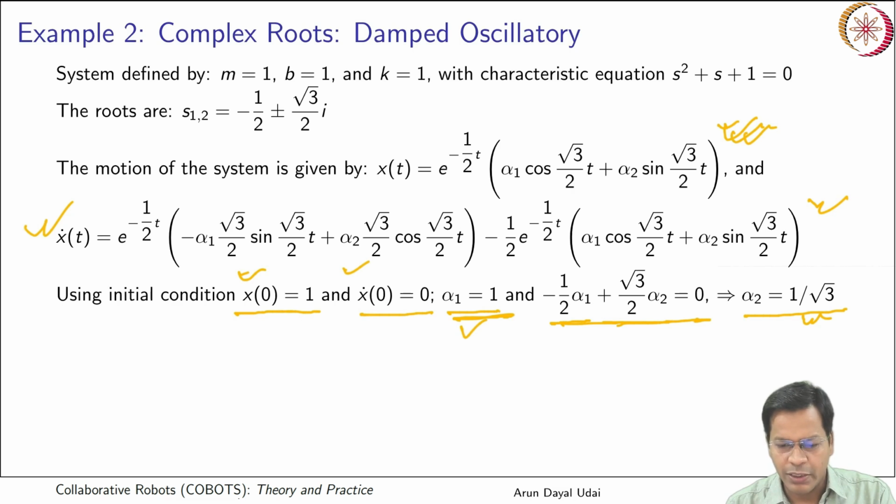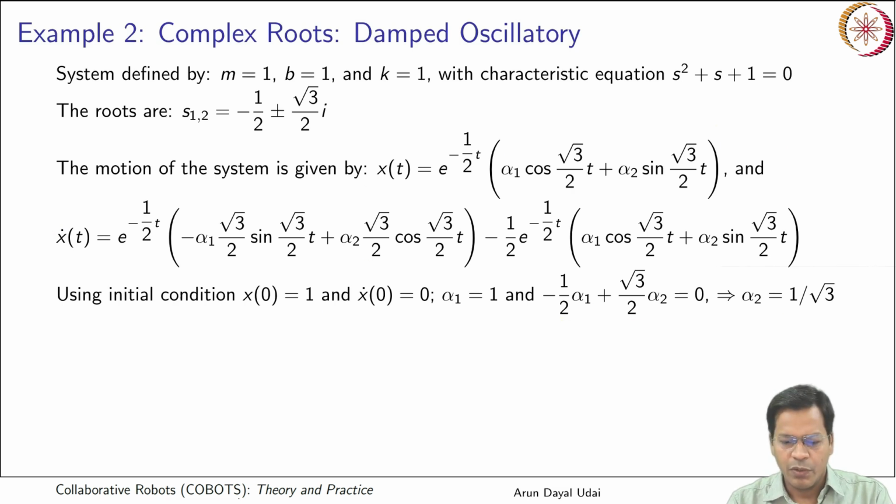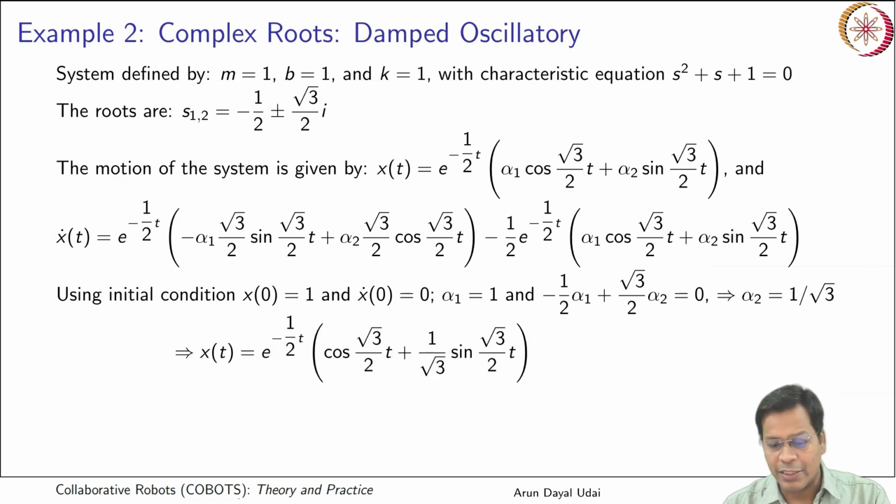Now my system equation tells x of t is equal to e to the power lambda t, with alpha 1 and alpha 2 coming here, and you get the complete solution. This is how your system will behave. If I substitute again for those constants, you already know that you get a cosine variation of your equation.